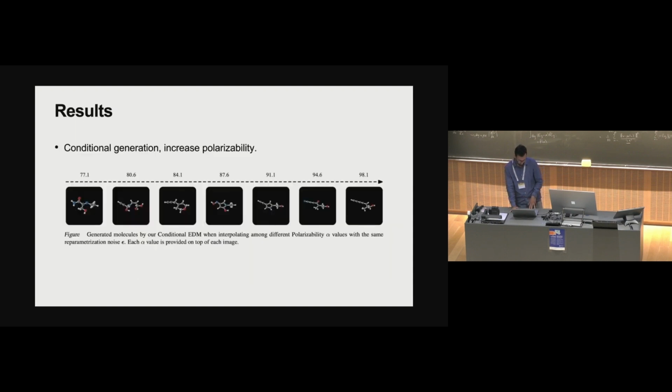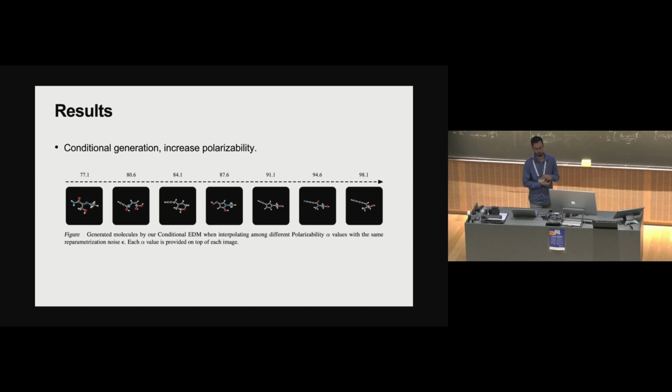And these are some generations in QM9 based on the property polarizability. So we show how the molecules look as we increase this property. This is for a fixed random seed. We just sweep over the property value. For large polarizability values, we would expect longer molecules.